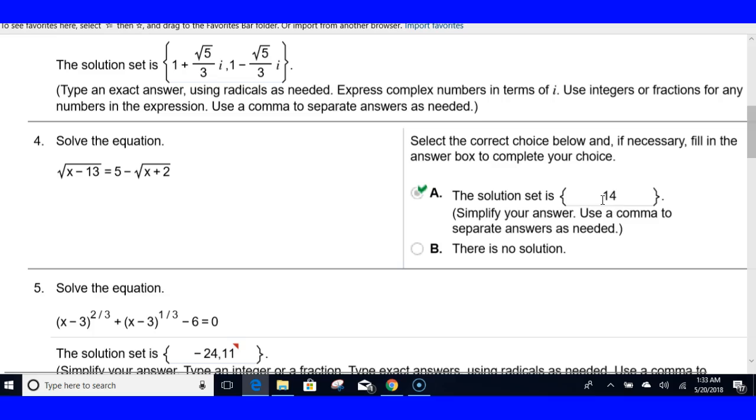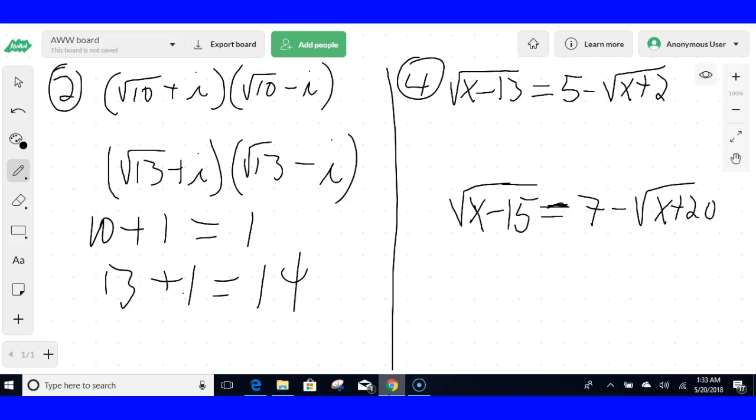That's what you're going to get, 14. If you square both sides, you're going to eliminate the radicals, and then you do all those combining like terms and the basic algebra, you're going to get to that 14. So all you've got to do is add 1 to that 13 in the testing center.